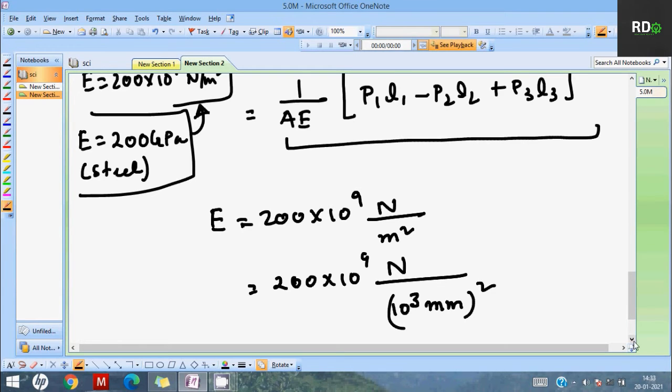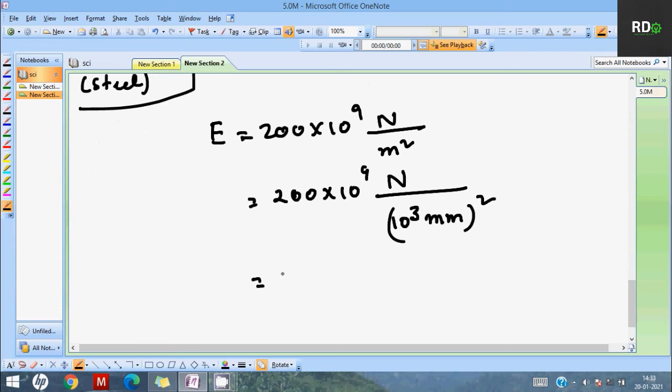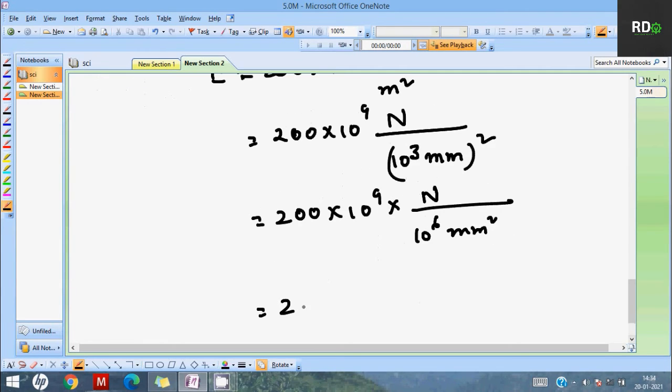Let me clear this thing, because there should not be any doubt. Newton per mm square, so it is 10 to the power 6 mm square. Why are we trying to get into mm square? Because all the rest of the values are in mm, not in meter. So it will be 2 into 10 to the power 11, into 10 to the power minus 6, Newton per mm square.